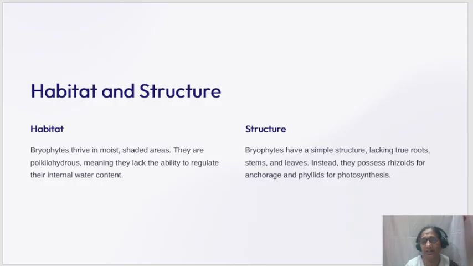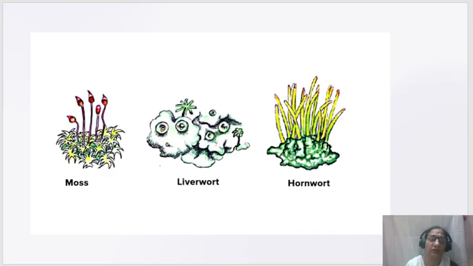Regarding the structure, they are simple thalloid structures, meaning they lack true roots, true stems, and true leaves. They have rhizoids for anchorage and phyllids for photosynthesis. These are the three groups of bryophytes found: the liverworts, the hornworts, and the mosses.